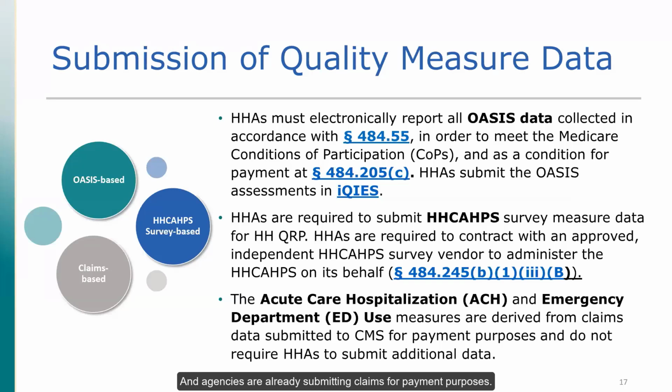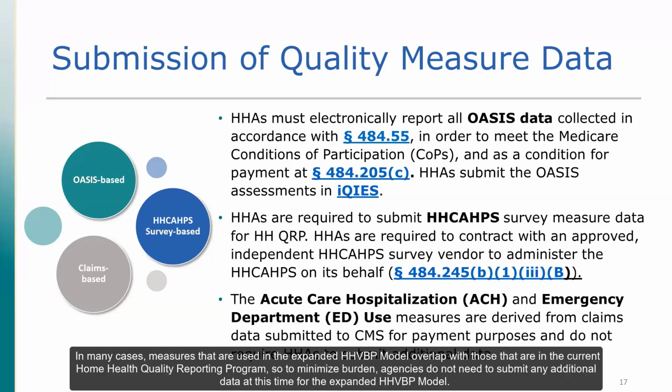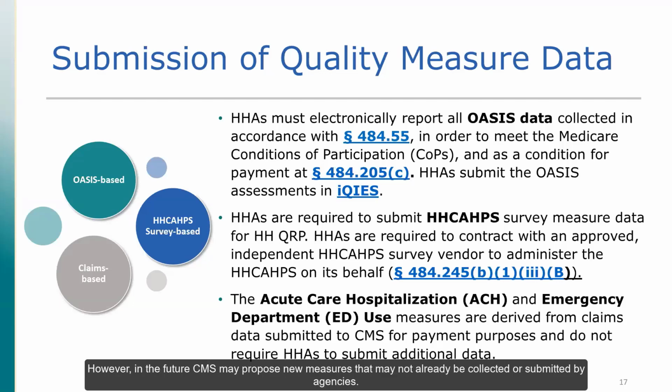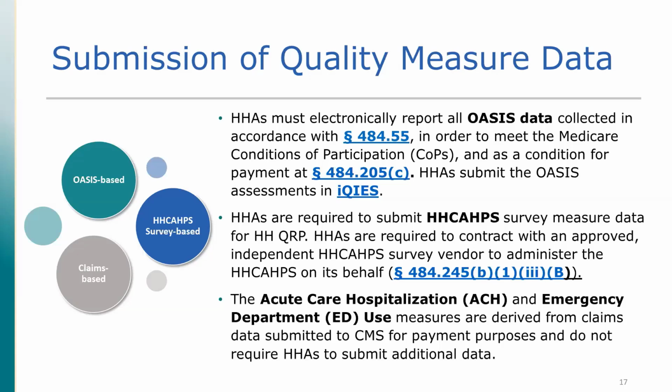And agencies are already submitting claims for payment purposes. In many cases, measures that are used in the expanded HHVBP model overlap with those in the current Home Health Quality Reporting Program. So to minimize burden, agencies do not need to submit any additional data at this time for the expanded HHVBP model. However, in the future, CMS may propose new measures that may not already be collected or submitted by agencies.